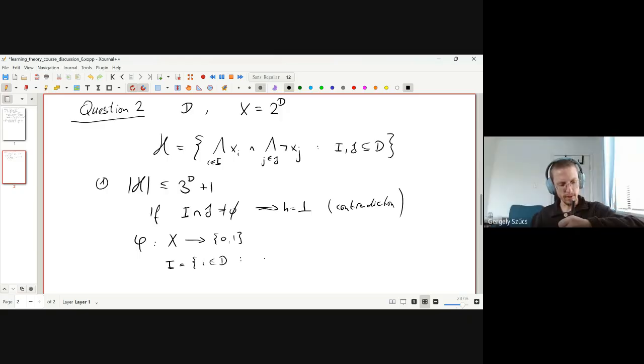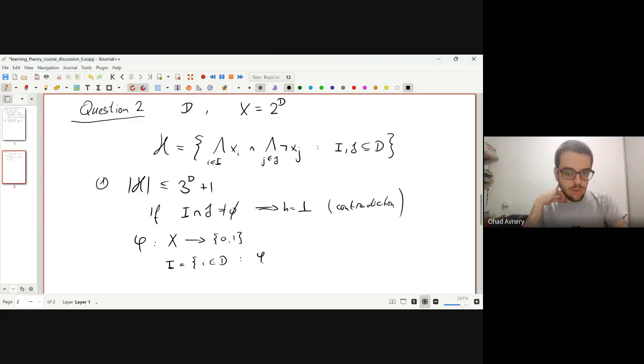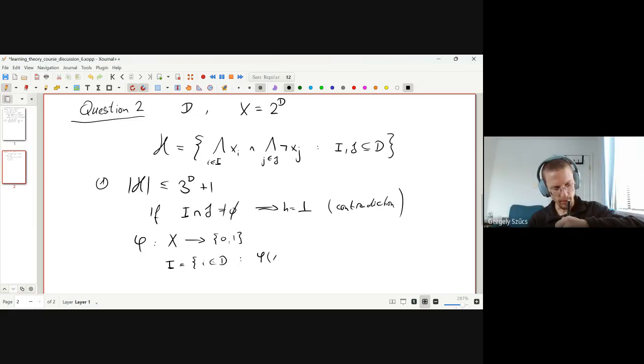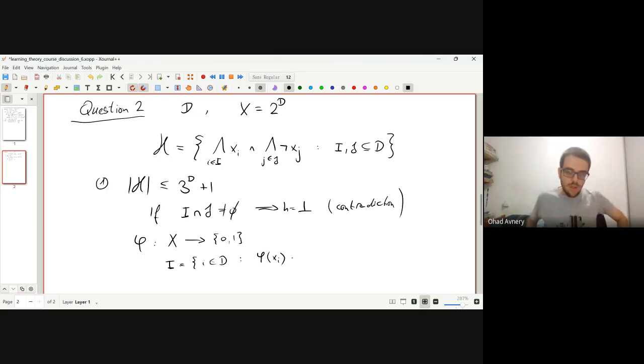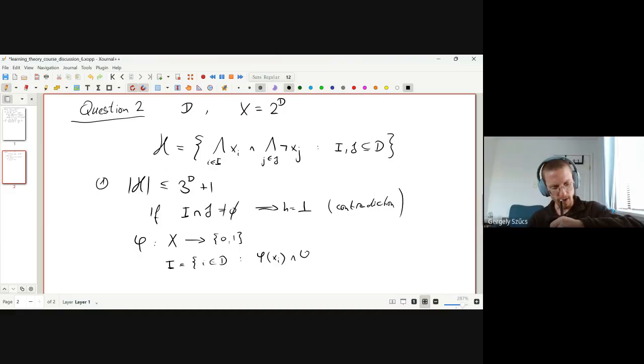So these are the indices such that phi of x and not xi is always 0.